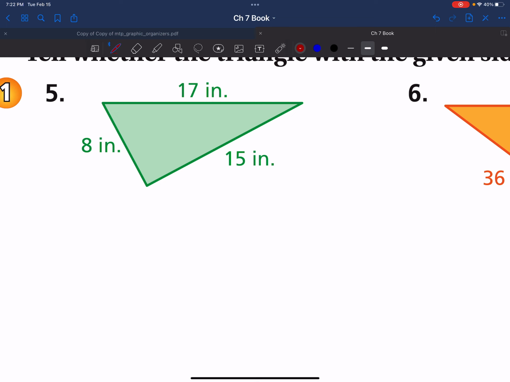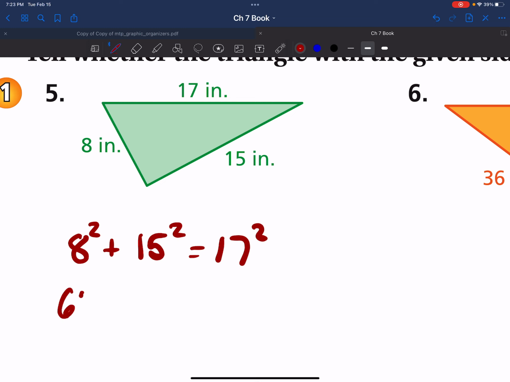So I want to see if I could put a square corner in there. So we just have to prove it with the Pythagorean Theorem. 8 squared plus 15 squared equals 17 squared. All right, so let's find out. I've got 8 squared, which is 64. 15 squared. You think I would have this memorized by now after doing it for like a week straight? But alas, I'm still double checking it. 225.